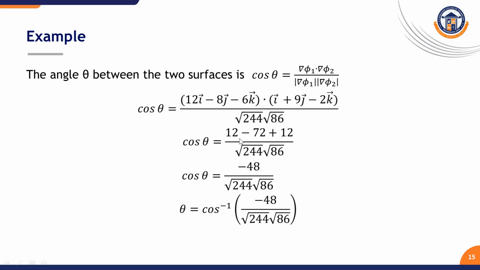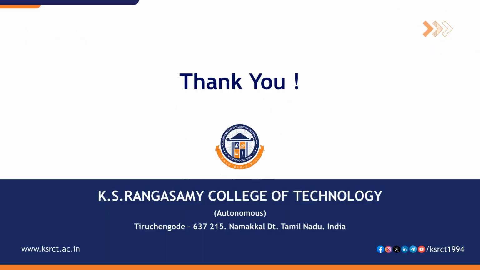We get 12 minus 72 plus 12. We get minus 48 by root 244 into root 86. We need theta. Cos is moved to the opposite side. We get cos inverse of minus 48 divided by root 244 into root 86. This is the angle between the two surfaces.